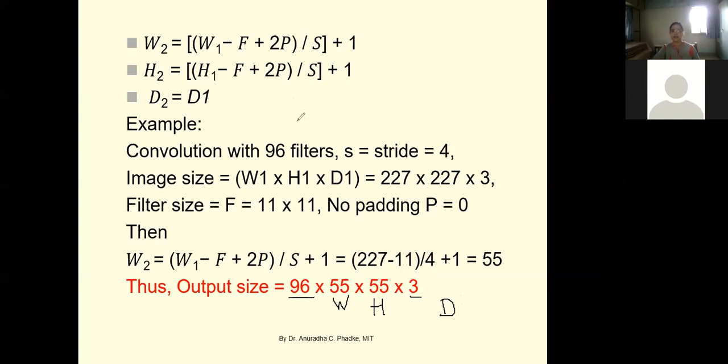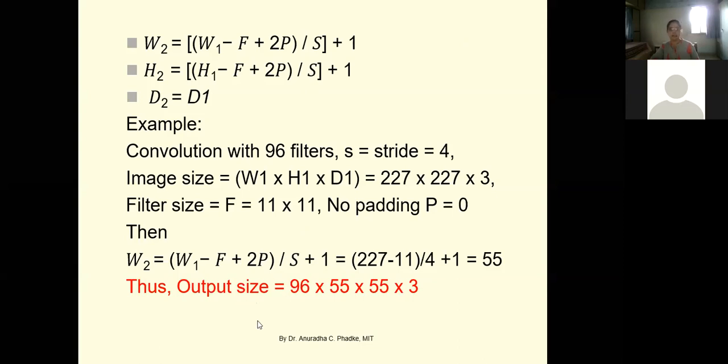Okay, so this is the process to determine the output image size from a convolution layer. I hope you have understood the concepts of the convolution operation, the convolution layer, and the relation between input size and output size for the given convolution layer.